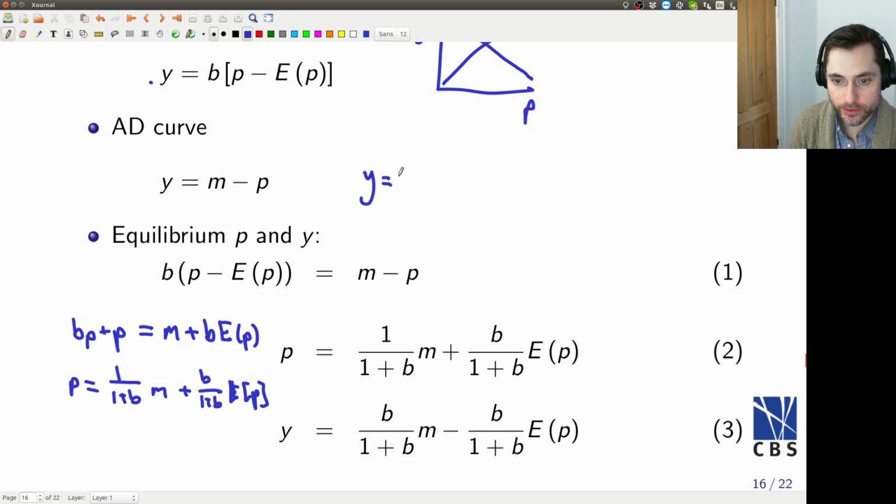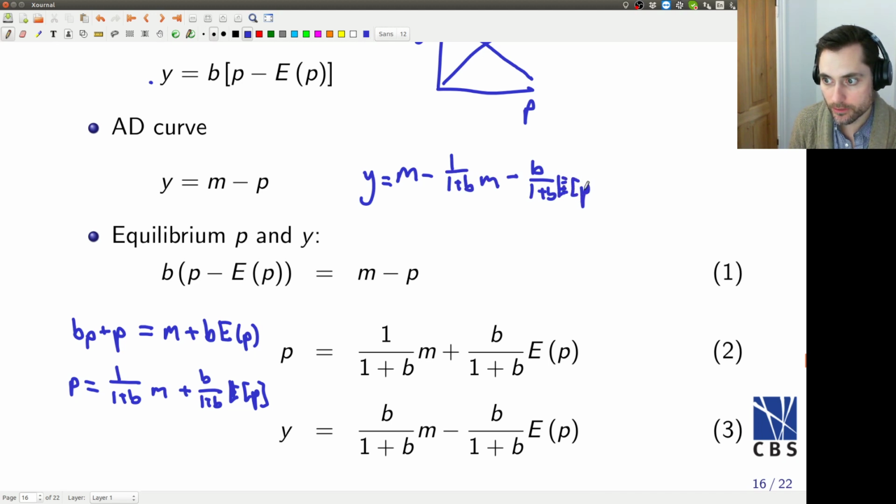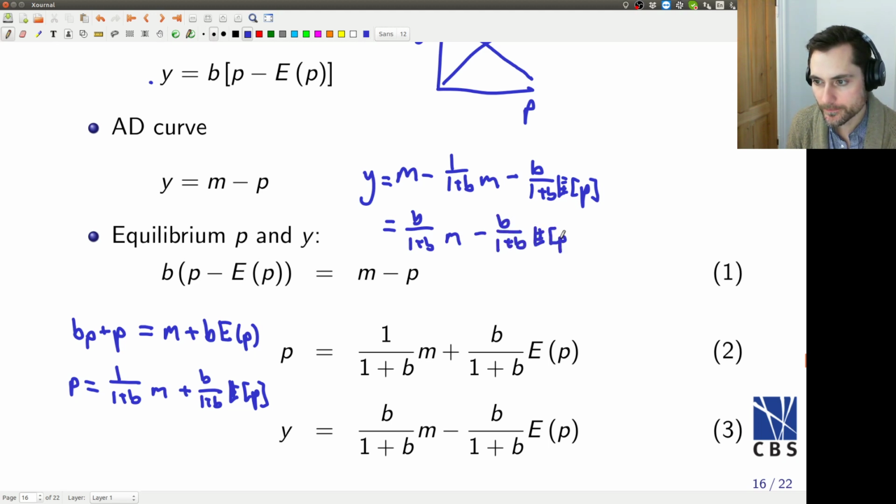Little y is equal to M minus 1 over 1 plus B times M, minus B over 1 plus B times the expectation of P. Combining these two, 1 plus B minus 1 is just going to be B. That's going to be B over 1 plus B times M, minus B over 1 plus B times the expectation of P. So what are we doing here?